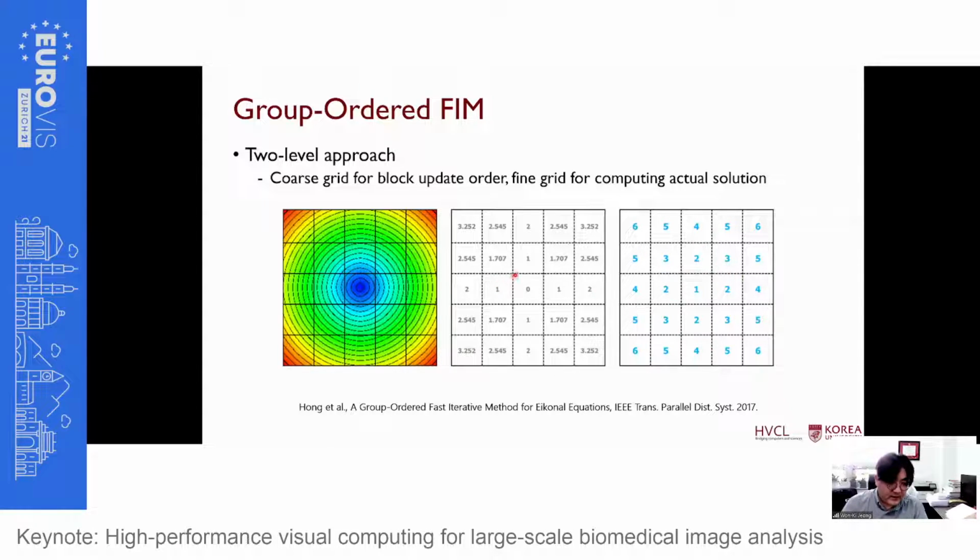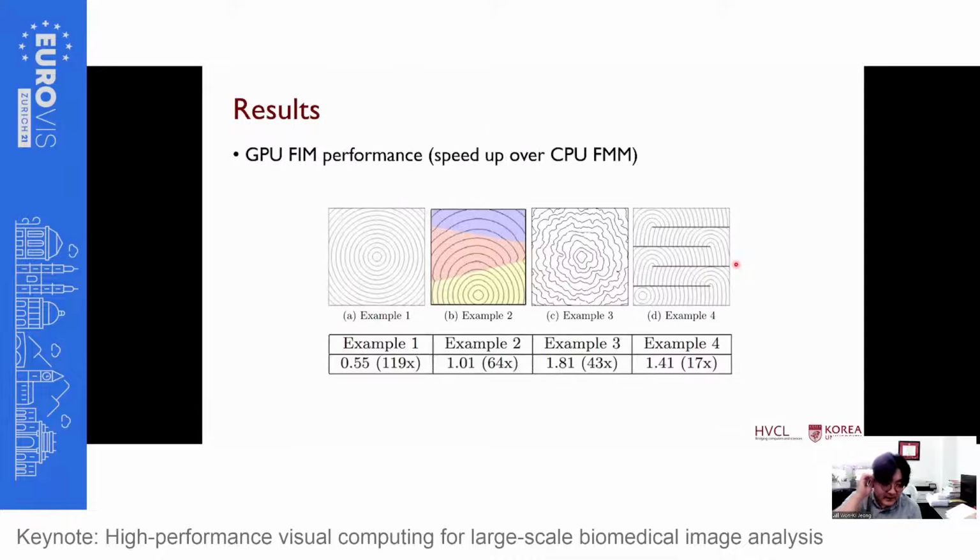This is based on the per block distance, as you can see here. Running FIM on a very coarse grid once can be done very fast. We pre-assign this order of the updating sequence, and then we use this sequence to update. By doing that, we can minimize the reactivation quite a bit.